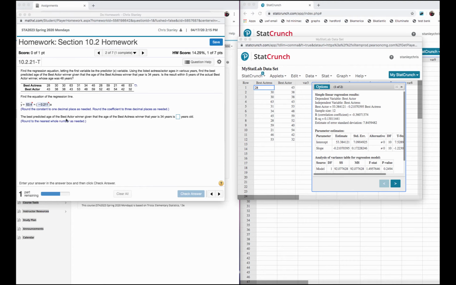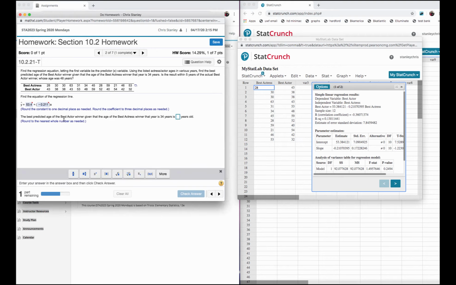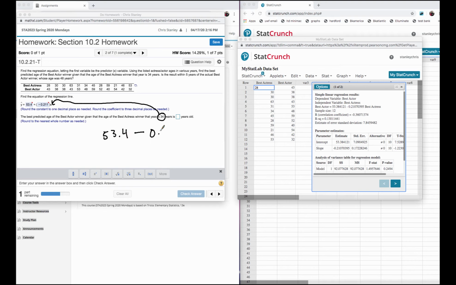Okay, so the best predicted age, 34 years old. So now they're saying, what is the best actor's age as a prediction if the best actress is 34? So what we need to do is put this 34, let me write it out. We need to put this 34 into that x, so it should be 53.4, plus a minus, which is just a minus 0.211, and we're going to put a 34 in there.